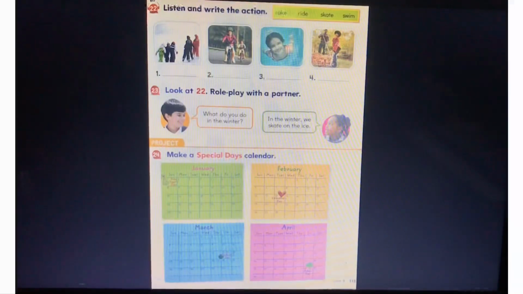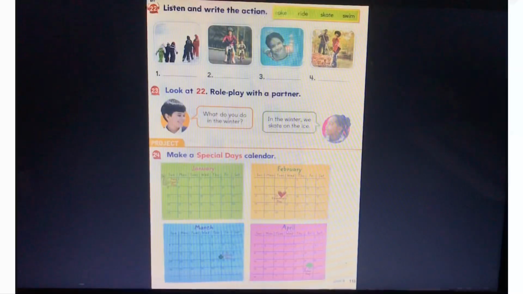Right here on the top part, we can see 4 squares with different images. But on top of them, we have one large green rectangle with 4 words. Let's go ahead and read those words.